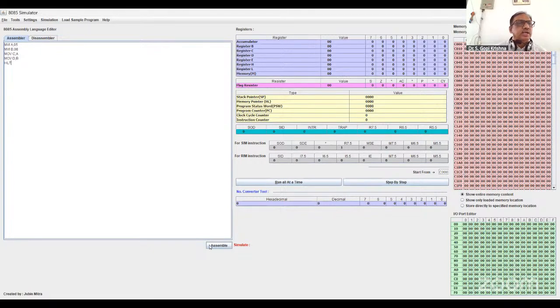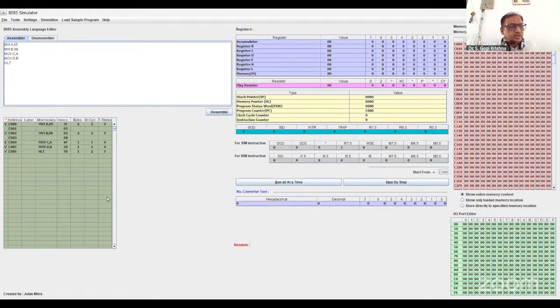This is the assembly program, and then I will write the assembled version. This is the address, this is the mnemonic, and this is the corresponding hex code. 3E is the hex code for move immediate A, loading 05 into the accumulator.